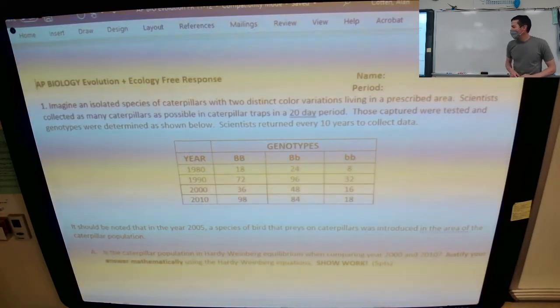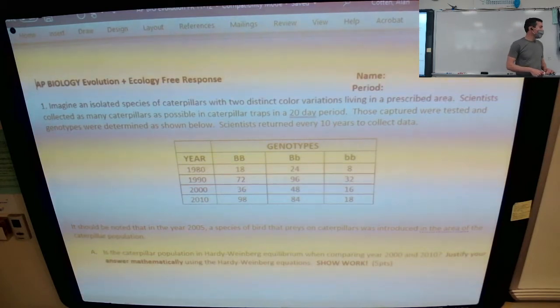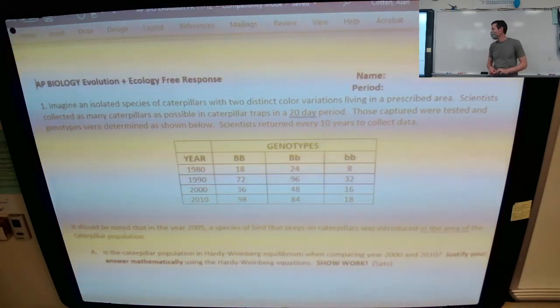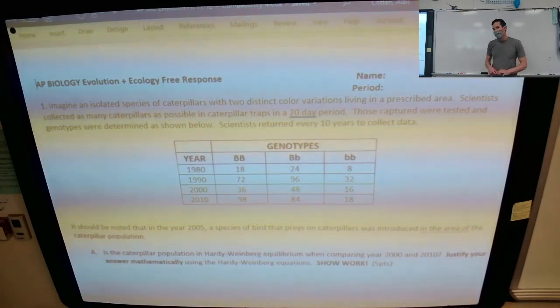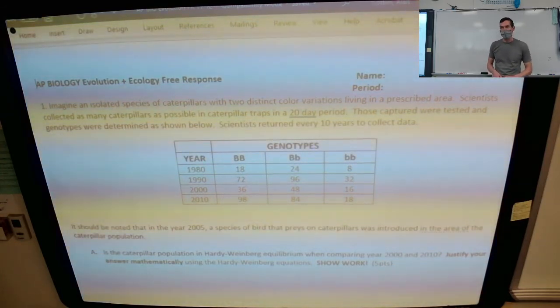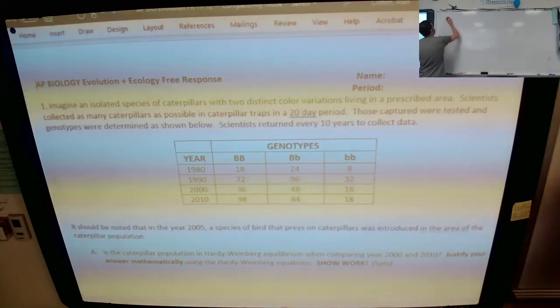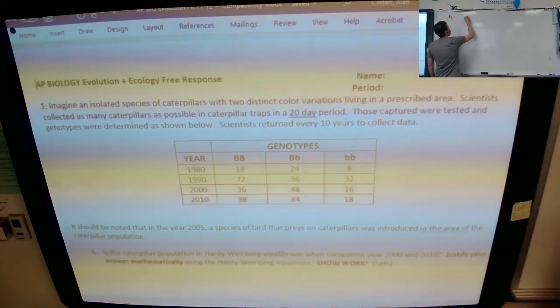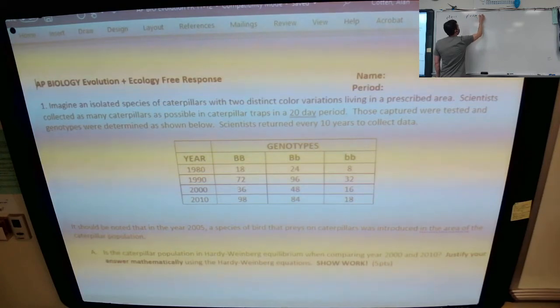Is the caterpillar population in Hardy-Weinberg equilibrium when comparing the year 2000 to the year 2010? If I say yes or no, then I have to prove it with some Hardy-Weinberg math. The Hardy-Weinberg equations would be given to you on the test: p + q = 1, and p² + 2pq + q² = 1.